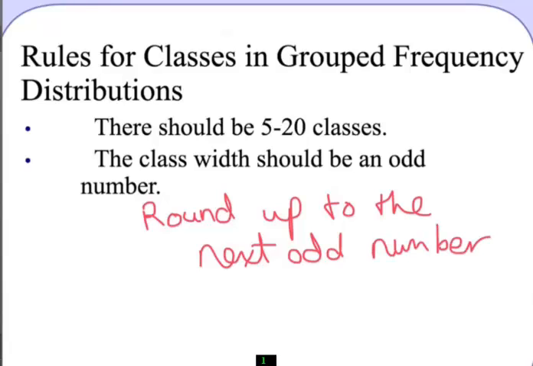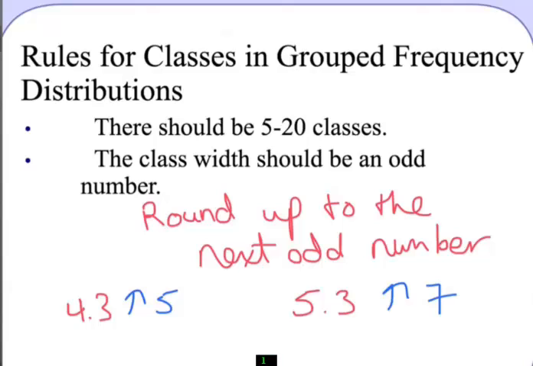So if I get a class width that is 4.3, I'm going to round that up to 5 because that's my next odd number. But if I get a class width that is 5.3, I'm actually going to round that up to 7 because that is my next odd number. If I round it up to my next whole number, that would be 6. But since 6 is even, I want to go one higher. We want our class width to be odd, and we're always going to round up.